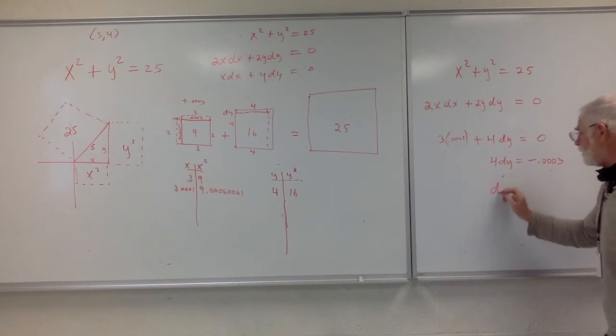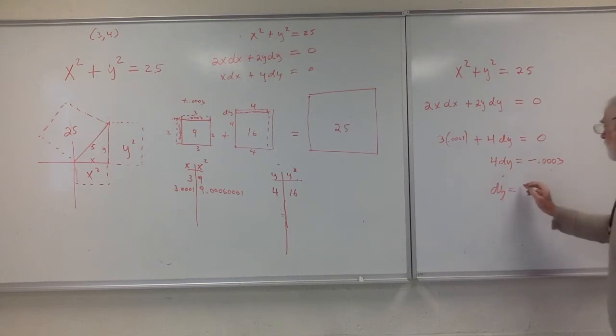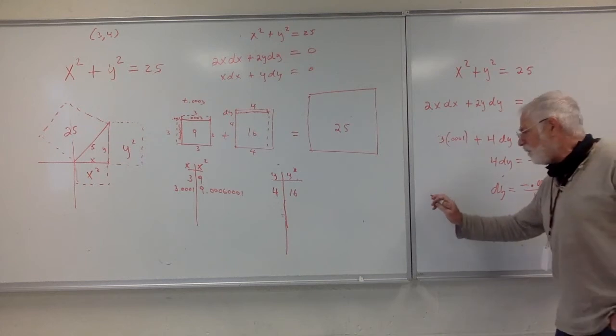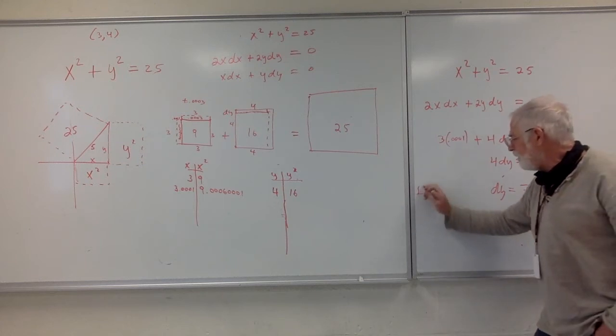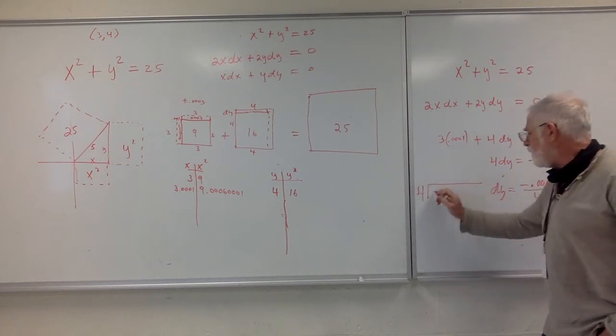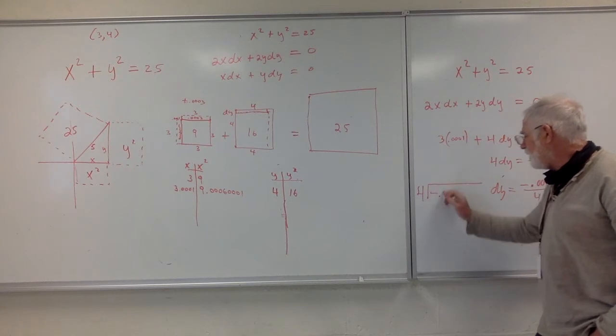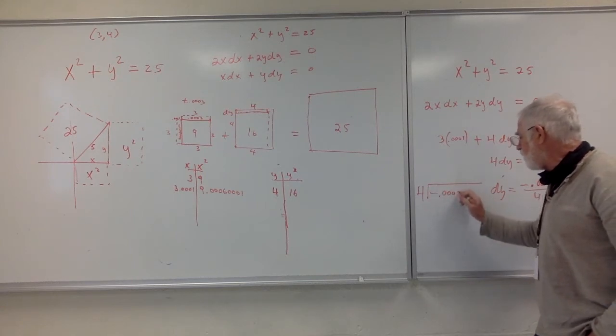So therefore dy is equal to minus 0.0003 divided by 4. Let's actually do the old-fashioned division here. 4 goes into minus 0.0003.